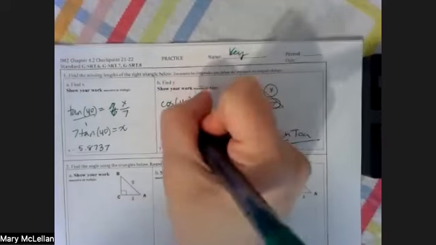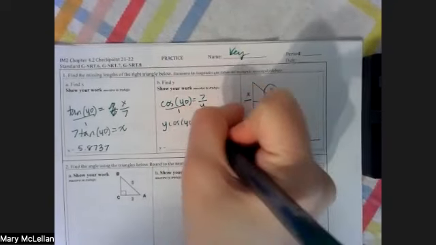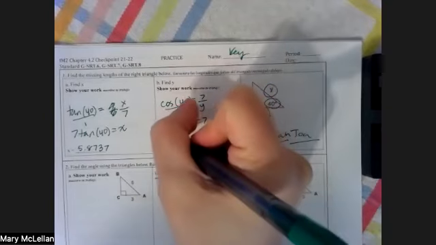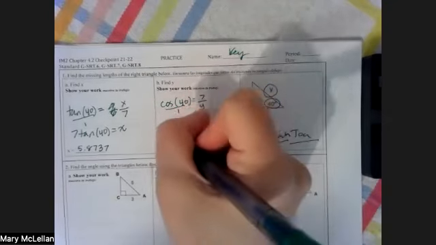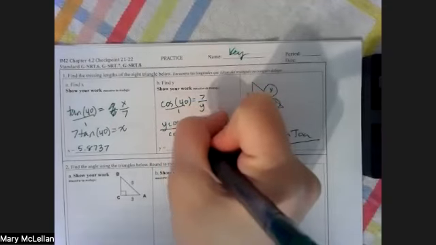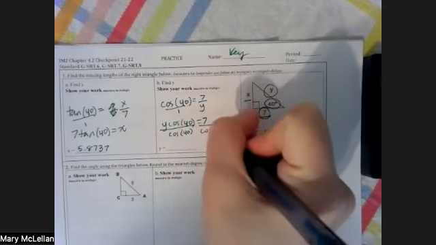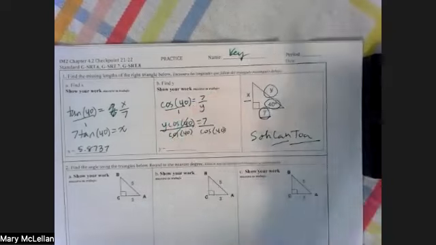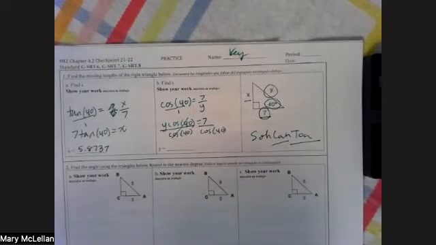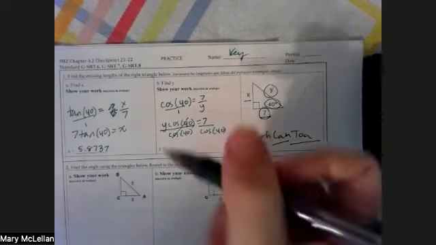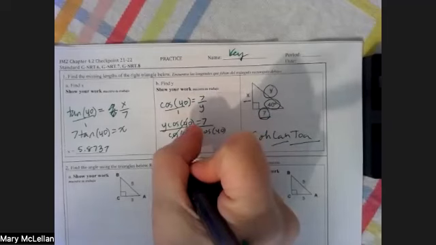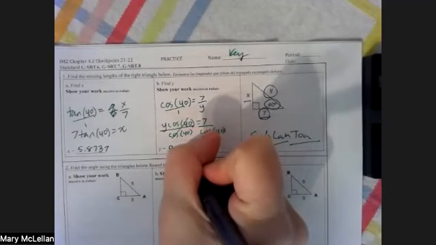I cross multiply, I get y times cosine of 40 equals 7 times 1, which is just 7. And y is not alone yet, so I need to divide both sides by cosine of 40. Then I have y is equal to 7 divided by cosine of 40, and I'll do that right now. 7 divided by cosine of 40 degrees gets me that y is equal to 9.1379.